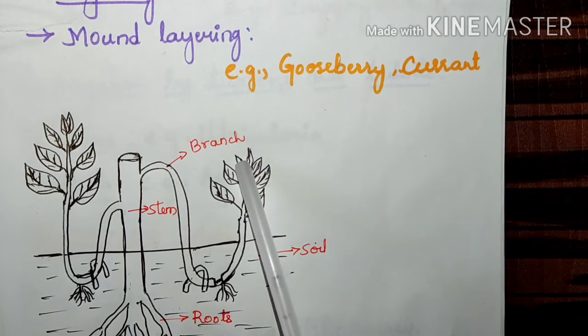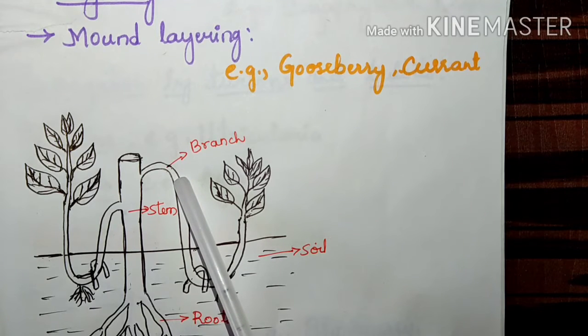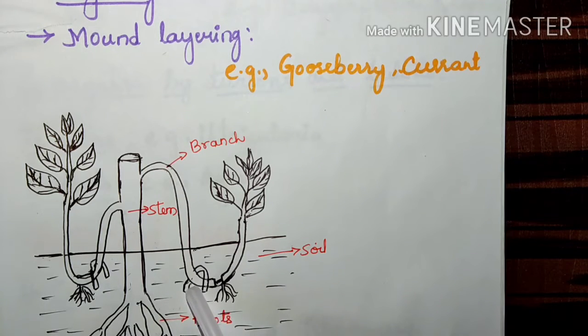When the new shoots develop, the shoot of this plant is pruned, and the lower part of the shoot will be covered by soil.